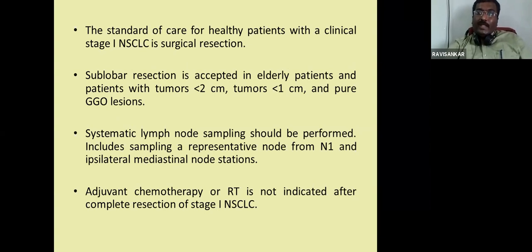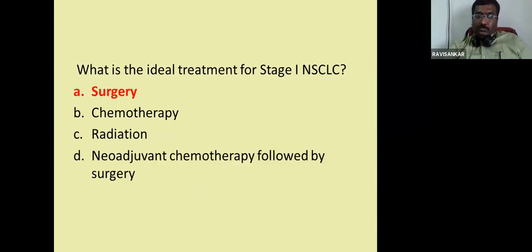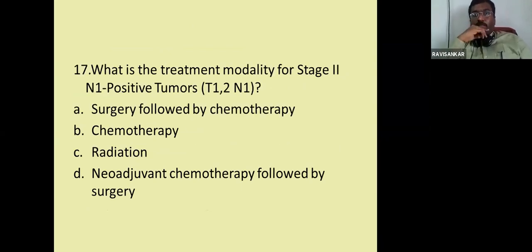Ideally, if possible, do an anatomical resection, that is lobar resection, along with formal systematic lymph node sampling or lymph node dissection. What is the treatment modality for stage 2 or N1 positive tumors?